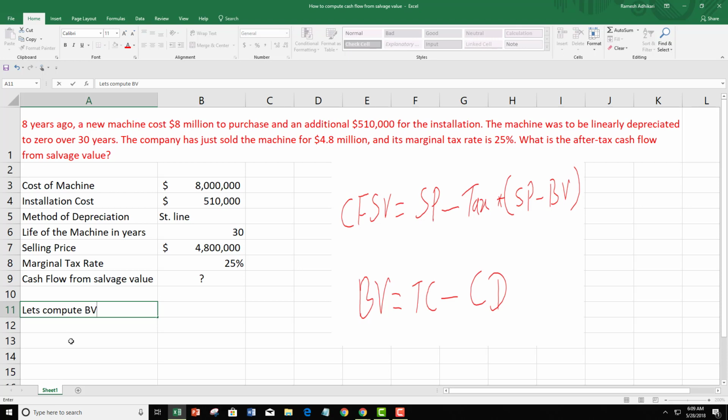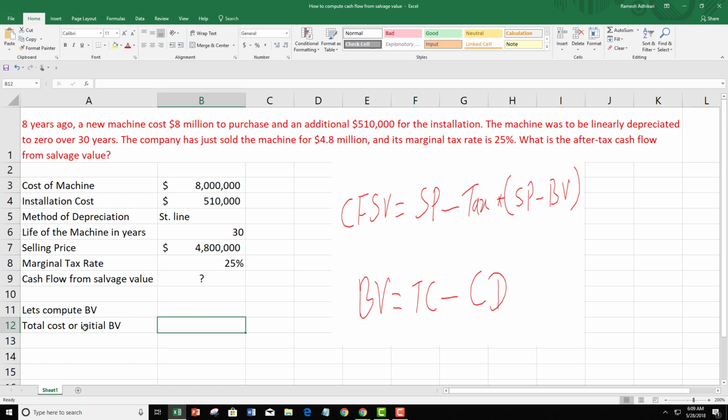In order to compute book value, first we need to know the total cost or initial book value, which would be simply the cost of the machine plus the installation cost. So that would give me the total cost or initial book value.